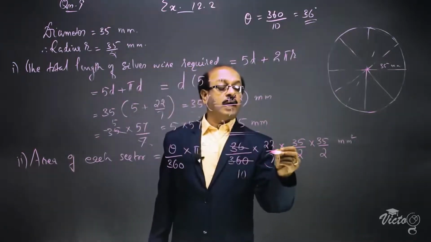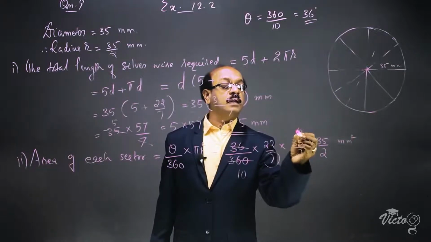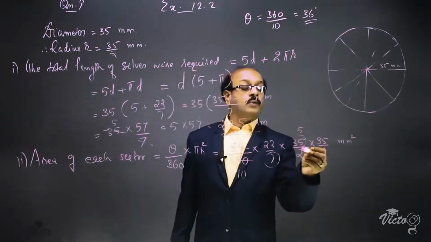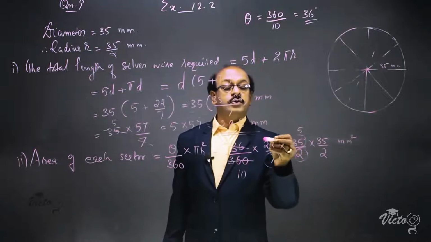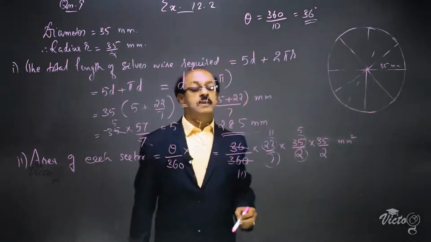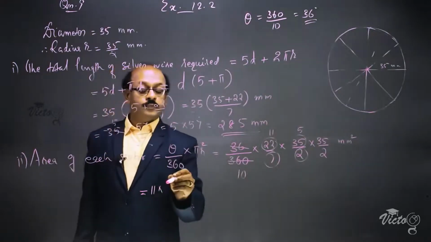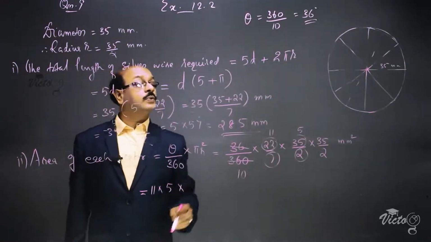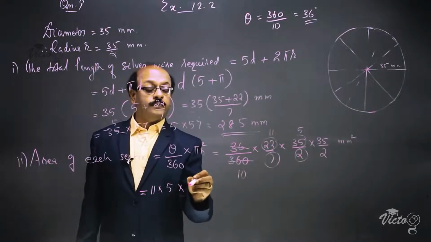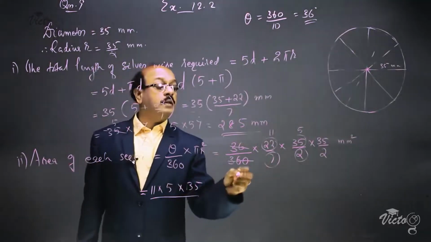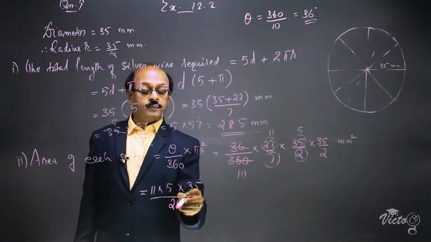This 7 and 35 cancelling leaves 5. Now, 2 and 22 leaves 11. The remaining factors: 11 into 5 into 35 divided by 10 into 2, that is 20.